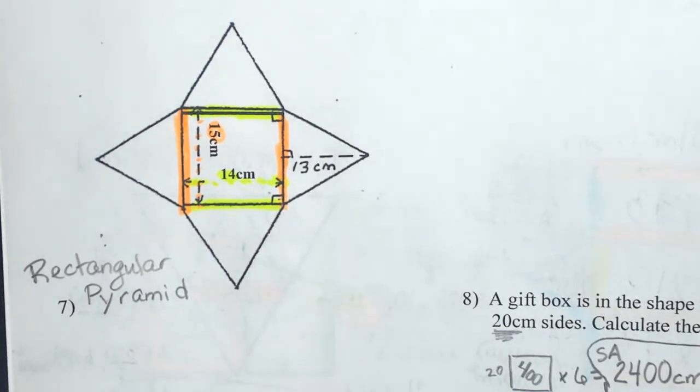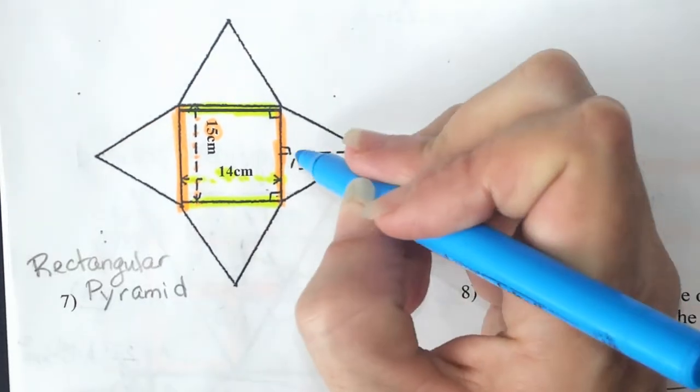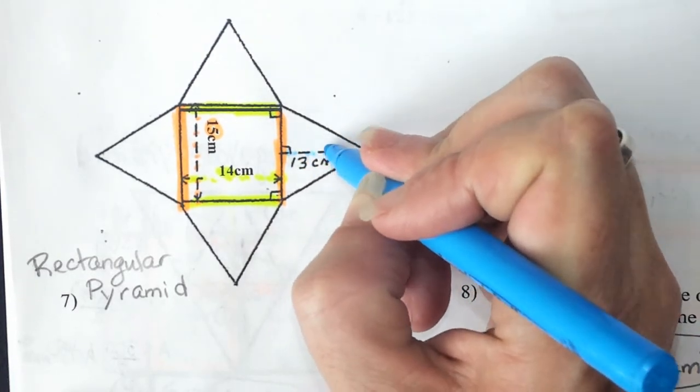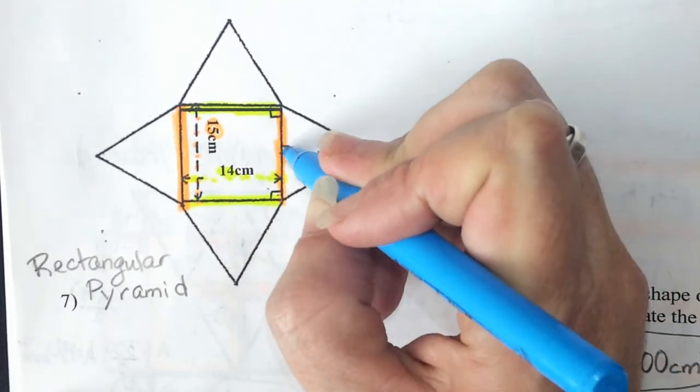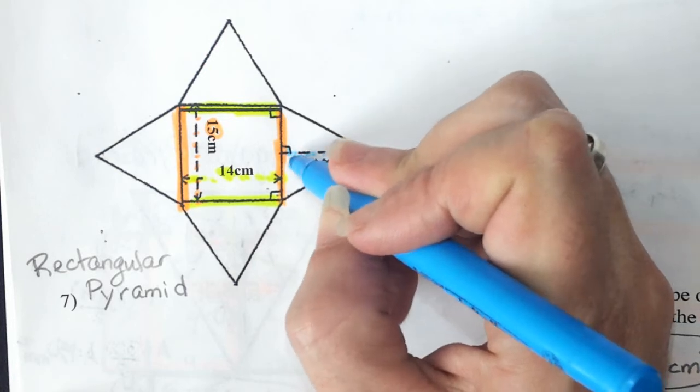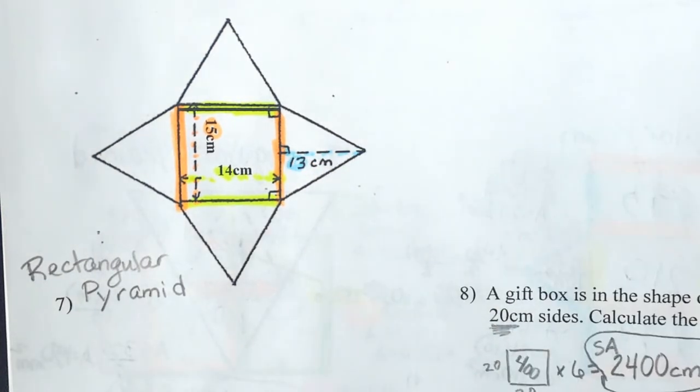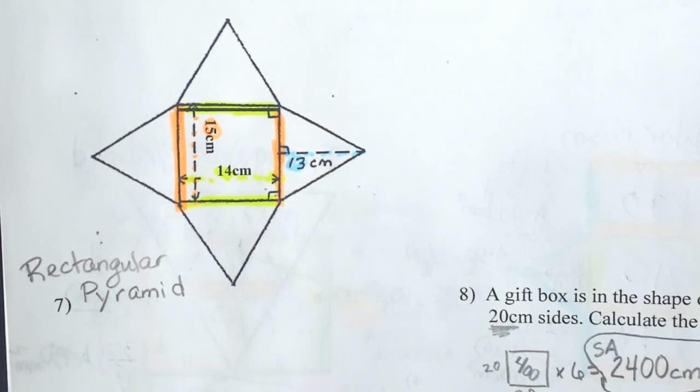Okay, right. We should be seeing 13 is inside a triangle with a dotted line and a little 90. So 13 is the height of the triangle. Now, the height in pyramids, all the pyramids are going to be the same.